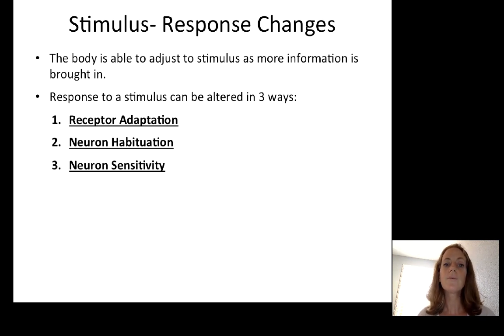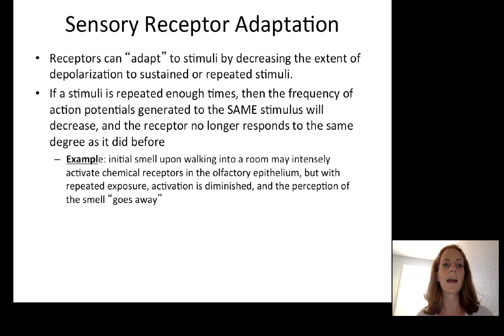There are two ways to respond to continuous stimuli: receptor adaptation and neuron habituation. There is also neuron sensitization, which is the opposite of habituation, and this is for certain stimuli an enhanced activation based on prior experience. So let's do receptor adaptation first.